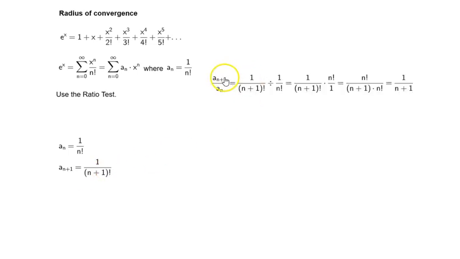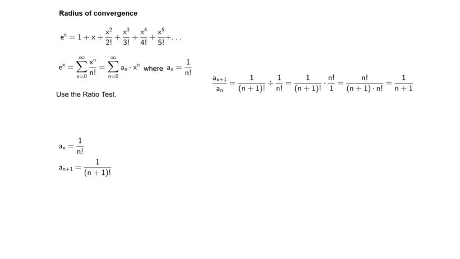We divide these two, a_(n+1) divided by a_n, which is equal to 1 by (n plus 1) factorial divided by 1 by n factorial, which is equal to 1 by (n plus 1) factorial times the reciprocal, n factorial by 1. Now, (n plus 1) factorial can be written as (n plus 1) times n factorial. And n factorial cancels. So we are left with 1 by n plus 1.